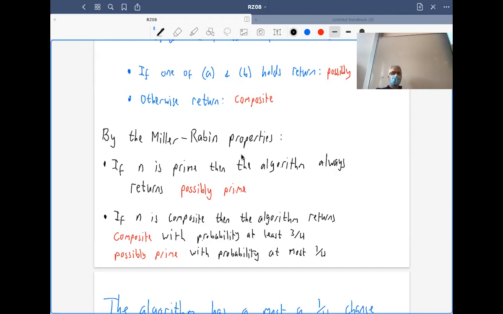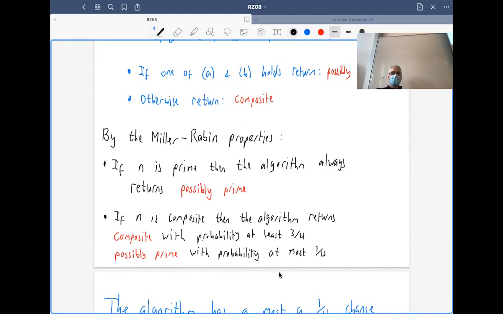If we give n a composite number as input, well, then the algorithm randomly picks a value a. And if it picks one of these at most (n-1)/4 values for which the test properties hold, it will return possibly prime. And if it picks any of the other values, then it will return composite.